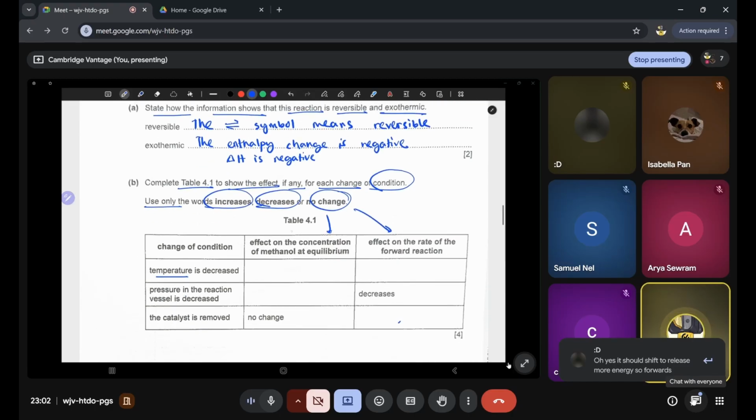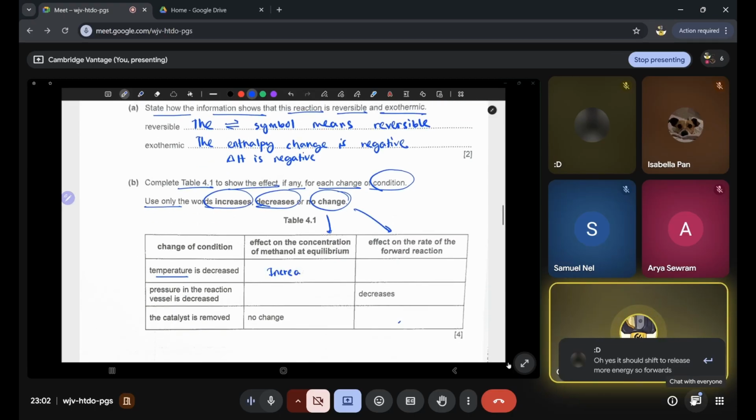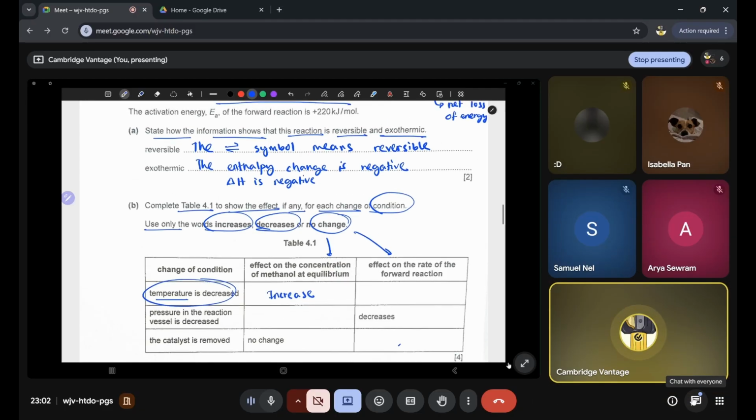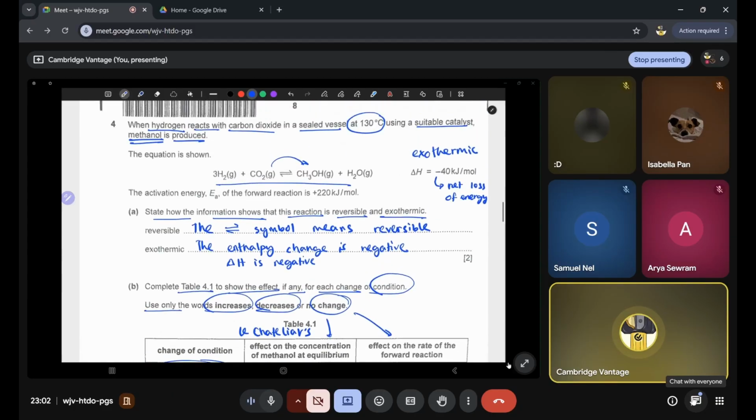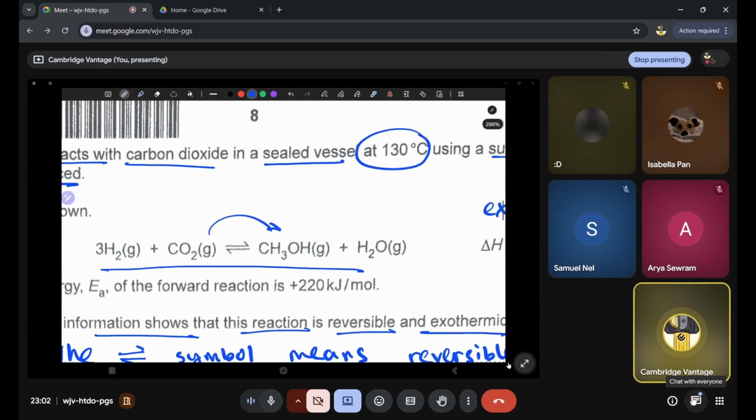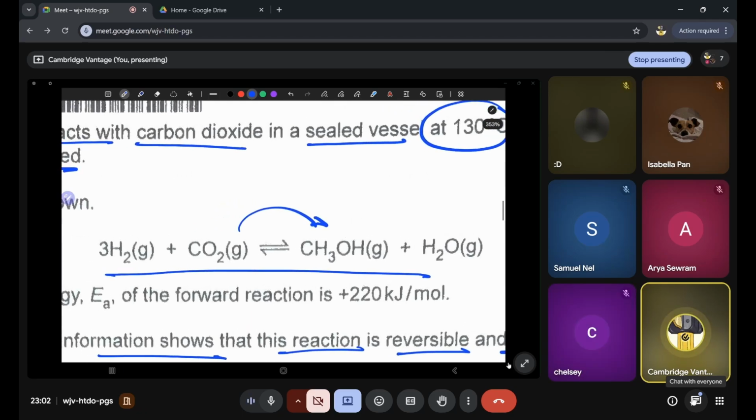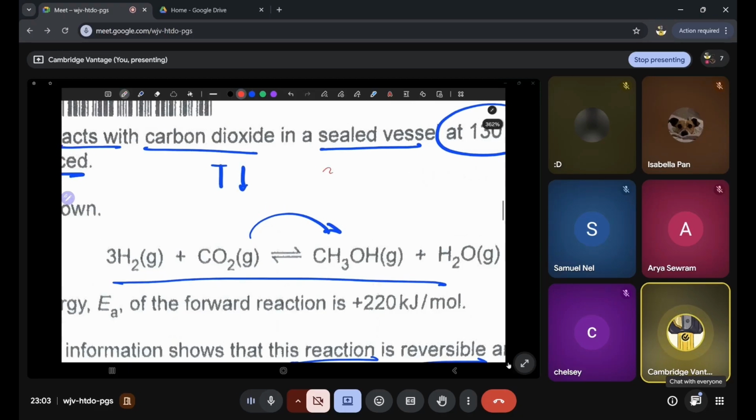So just to quickly clarify the confusion, temperature is decreased. Now, what is happening over here is Le Chatelier's principle. And what is Le Chatelier's principle? Whenever we make a change in an equilibrium, the equilibrium will shift in a way to oppose that change. So, what did we do? We decreased the temperature. So, what will the equilibrium try to do?